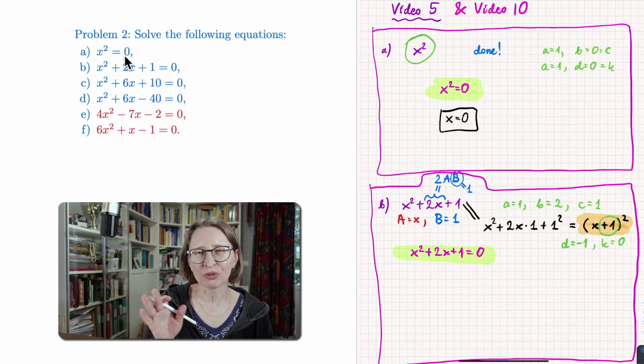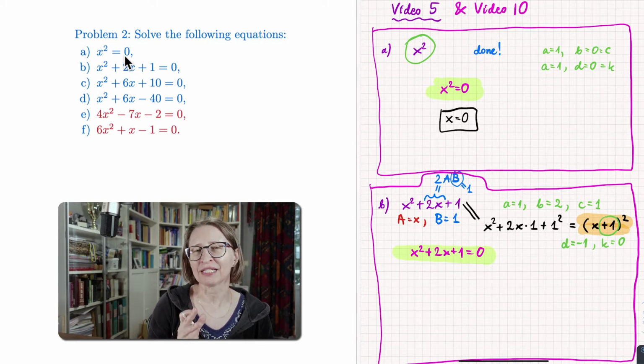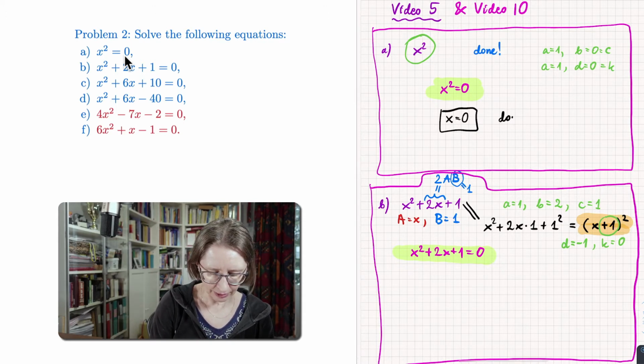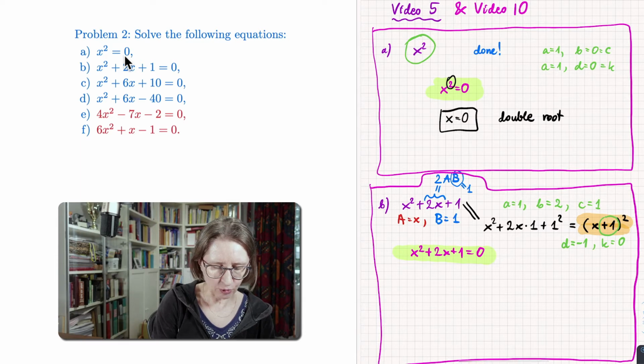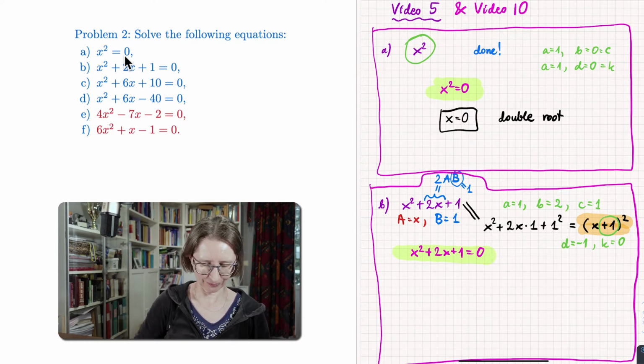We don't have to complete the square because it is already a perfect square. And here you remember that this kind of root is called a double root, because of this square here. So in a way, x equal to 0 is twice the solution of this equation.